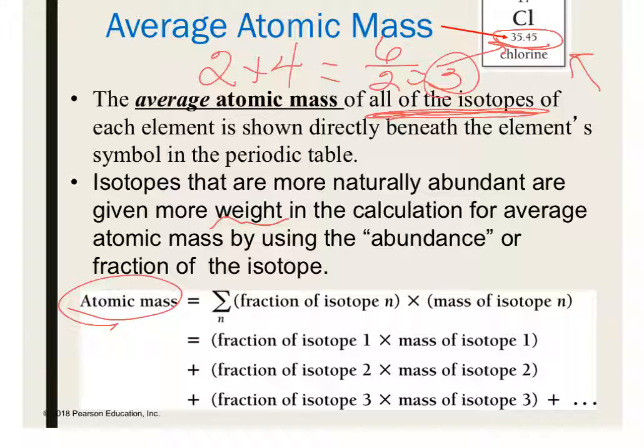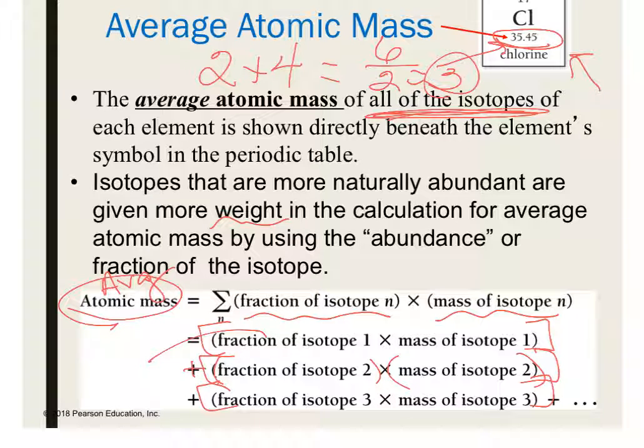So the formula for the average atomic mass, okay, is the fraction of that particular isotope times the mass of that particular isotope. And you add that together for every isotope that you have. So if you have 3 isotopes, you're going to have 3 of these things that you're going to add together. So let me talk for a minute about what I mean by fraction.